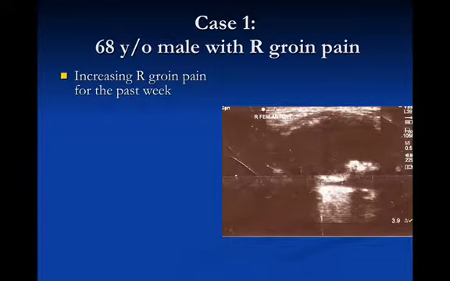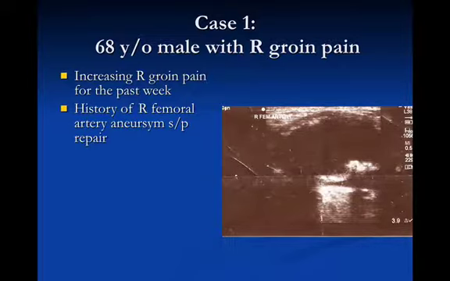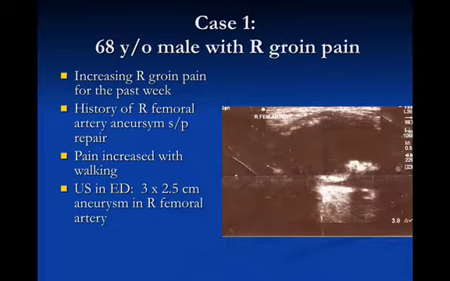So this guy had increasing right groin pain for the past week. He had a history of a right femoral artery aneurysm repair in the past, but his pain now was associated with walking. And I saw this, a 3 by 2.5 centimeter aneurysm in the right femoral artery.